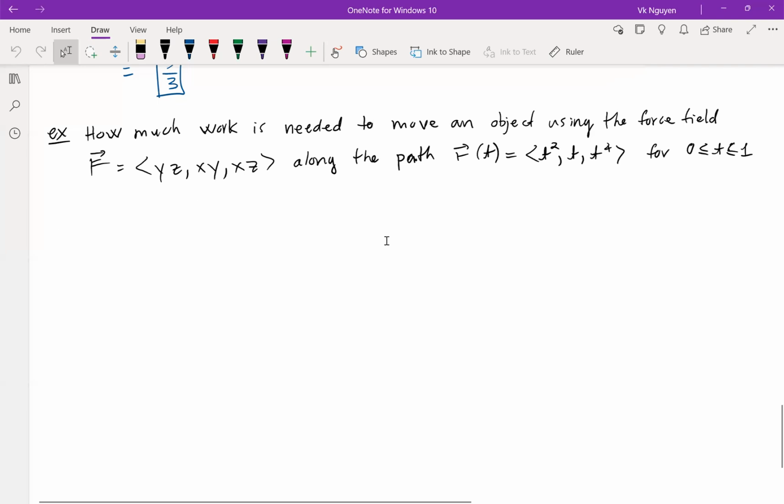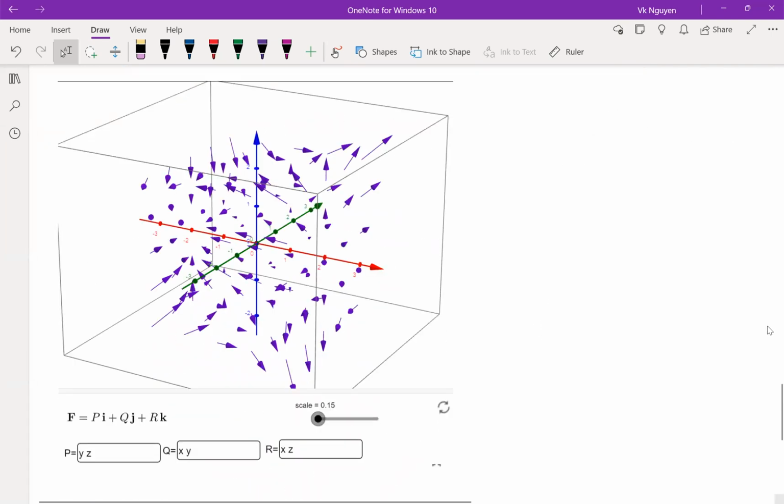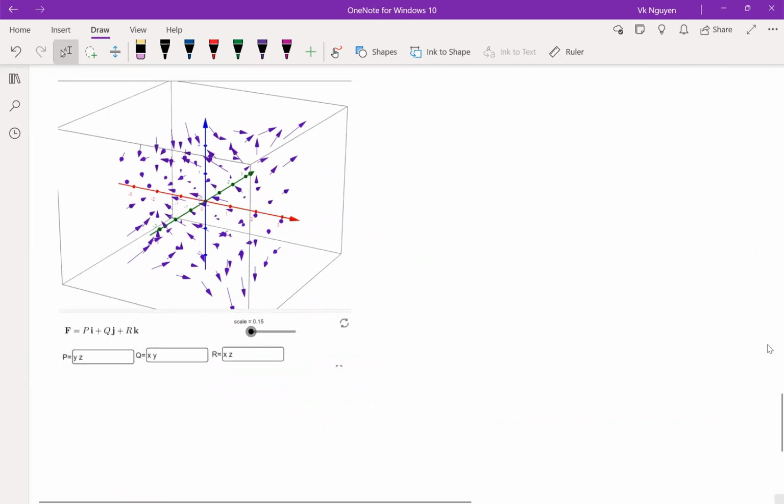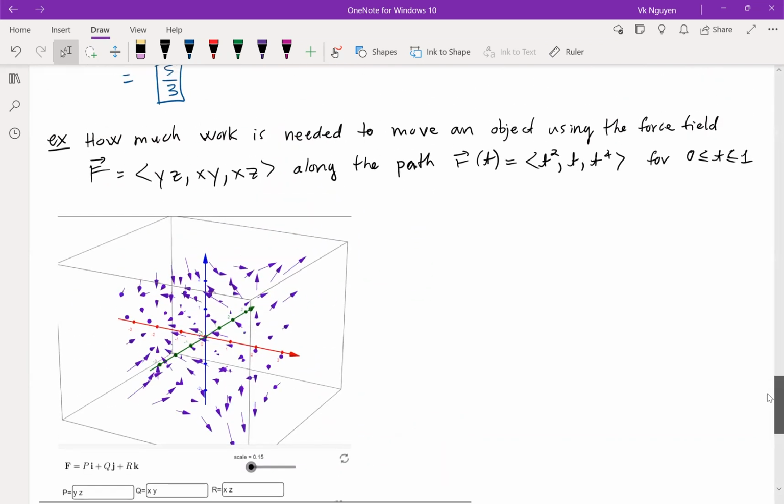Okay, so here comes the vector field. Difficult to see. I'm just going to have to bold it so that you can see.